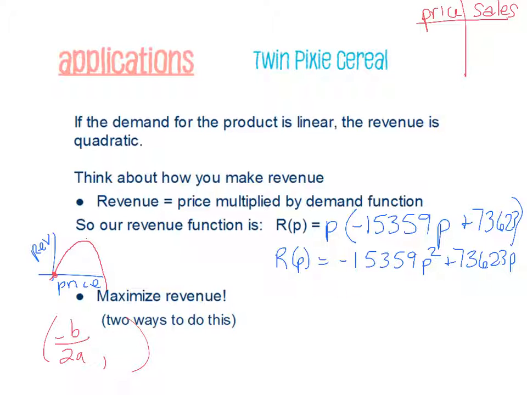I'm thinking my p is my x, and I can look at my little picture here and say I don't really need to go negative. I'm going to go 0 to, well, remember from yesterday, what kind of prices did we have? There were like $2 and $3 and $4 and $5, so let's go 0 to 10.